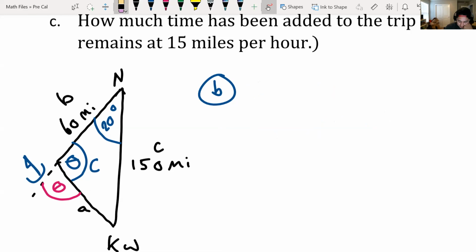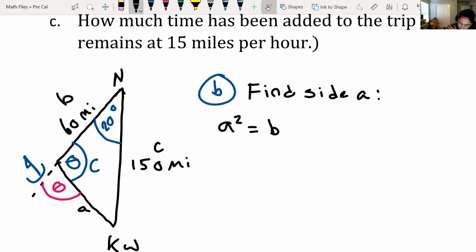So we're going to find side A. Okay, find side A. So this means that A squared is given by B squared plus C squared minus 2BC cosine A. There we go.